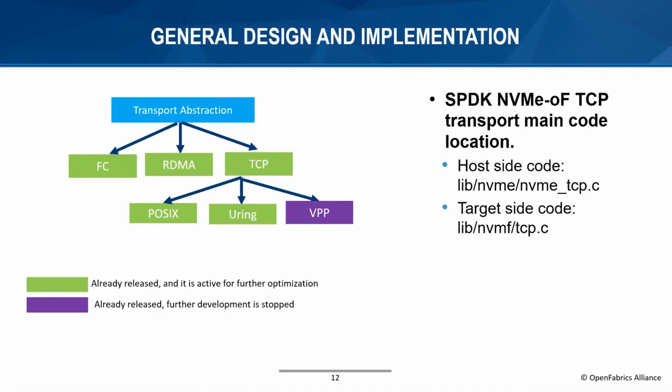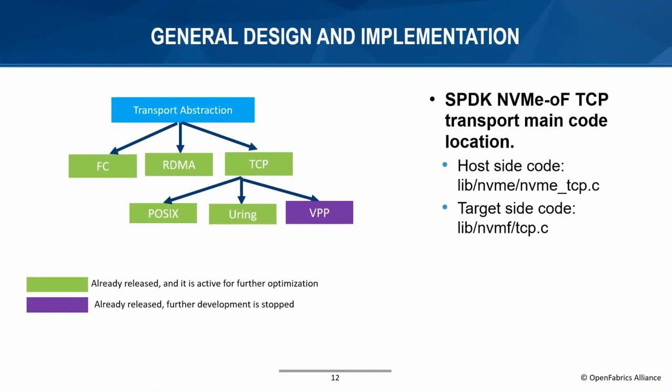But we already released this feature in this year's last release, I mean the April release. But we will continue to improve it. And the third is the VPP. The VPP is also released, but currently we see the performance is not as good as we expect.